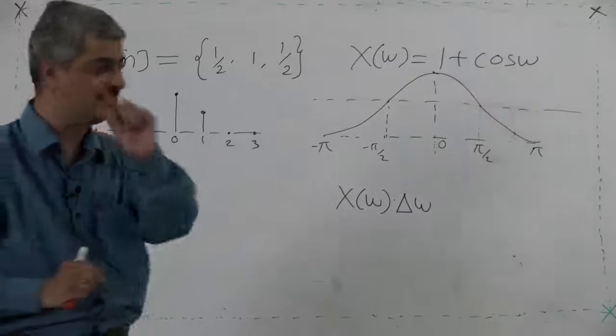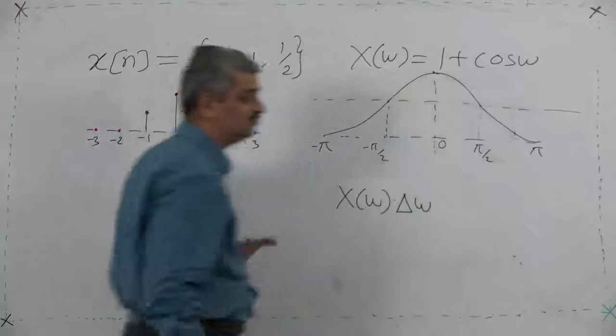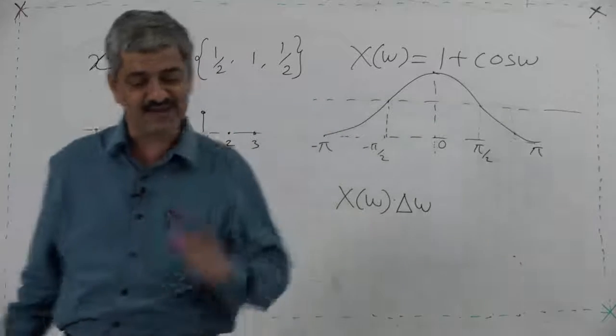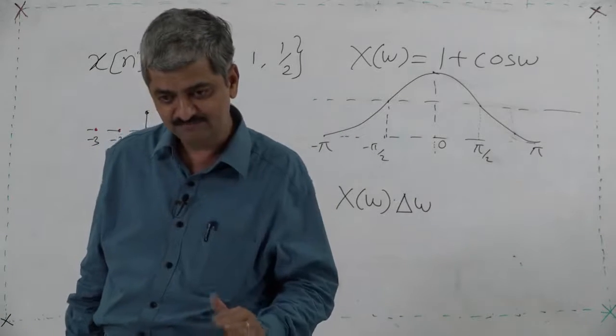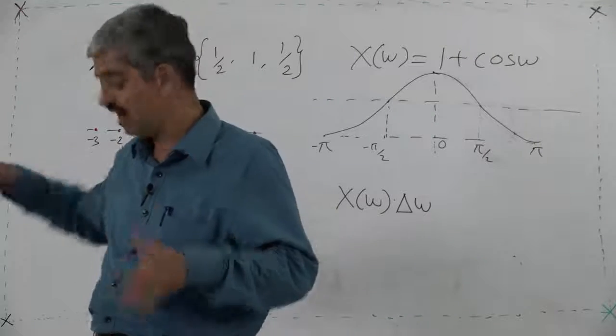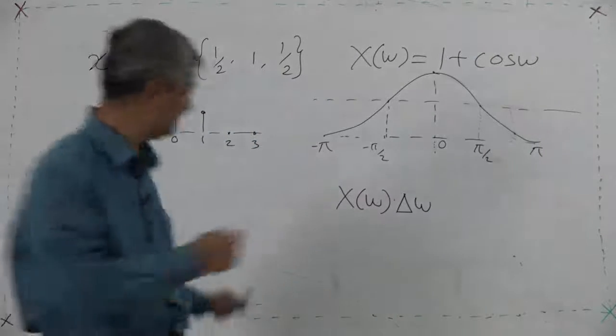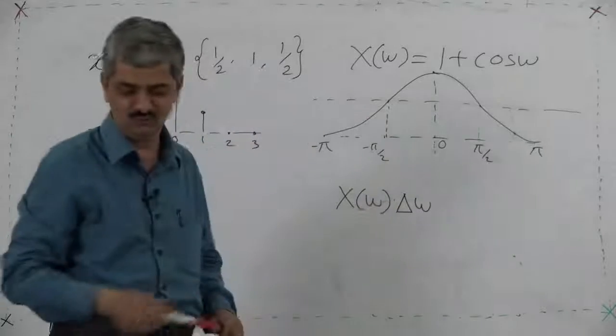And how many such subcomponents are there? Infinite such subcomponents are there. So, infinite rotating points result into this. How can I prove this? Now, what is this delta omega? Now I explain to you.